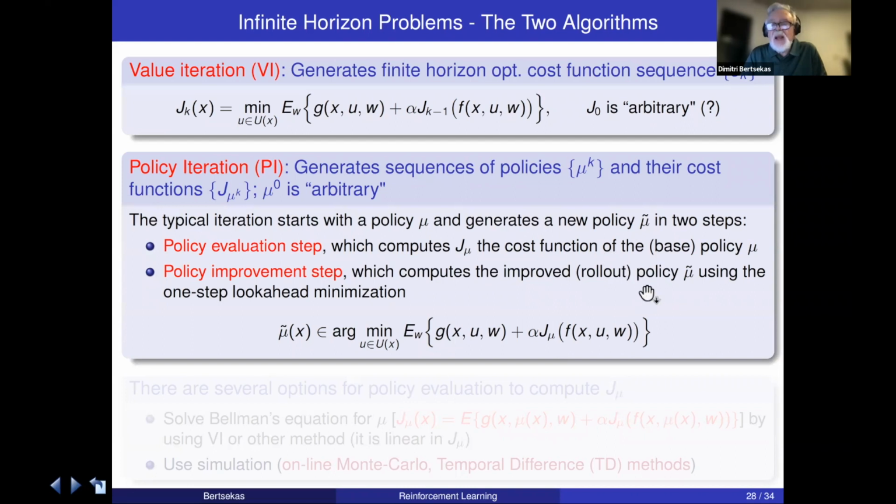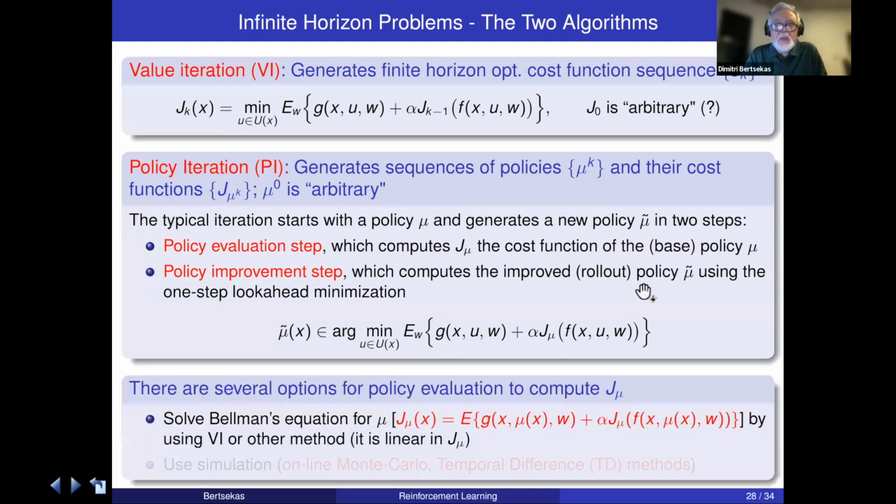Now, a question that arises here is, how do you calculate J mu? There are several possibilities for computing J mu. One is to solve the Bellman equation corresponding to mu.